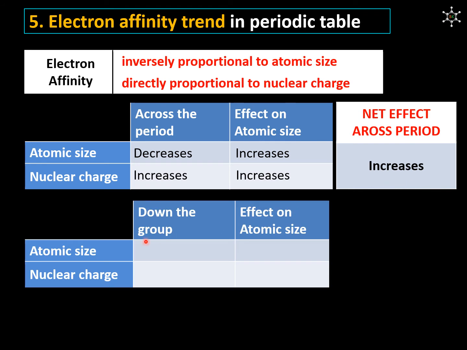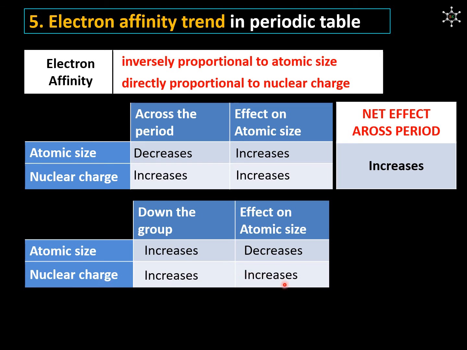Atomic size down the group increases. Since atomic size is inversely proportional to electron affinity, the value will decrease down the group because of atomic size. Nuclear charge down the group increases. Since nuclear charge is directly proportional to electron affinity, the value also increases down the group because of nuclear charge.